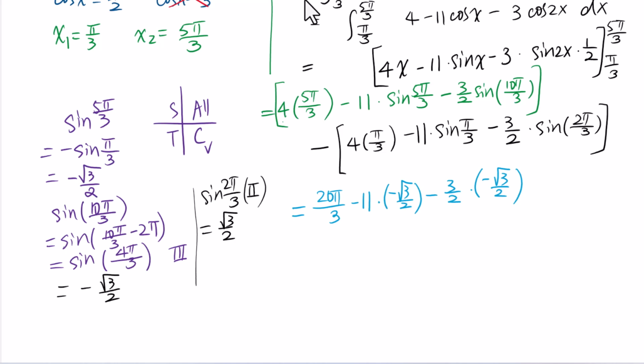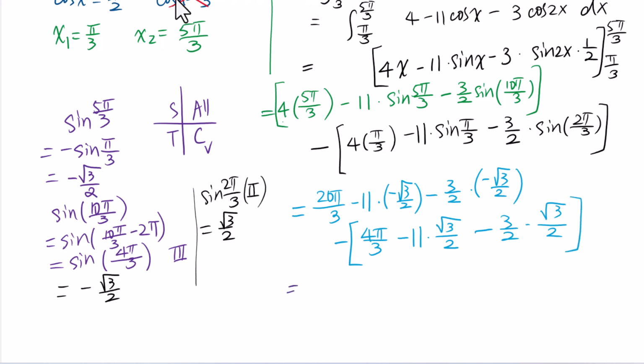Then minus, in brackets, 4 pi over 3 minus 11 times square root of 3 over 2 minus 3 over 2 times square root of 3 over 2.